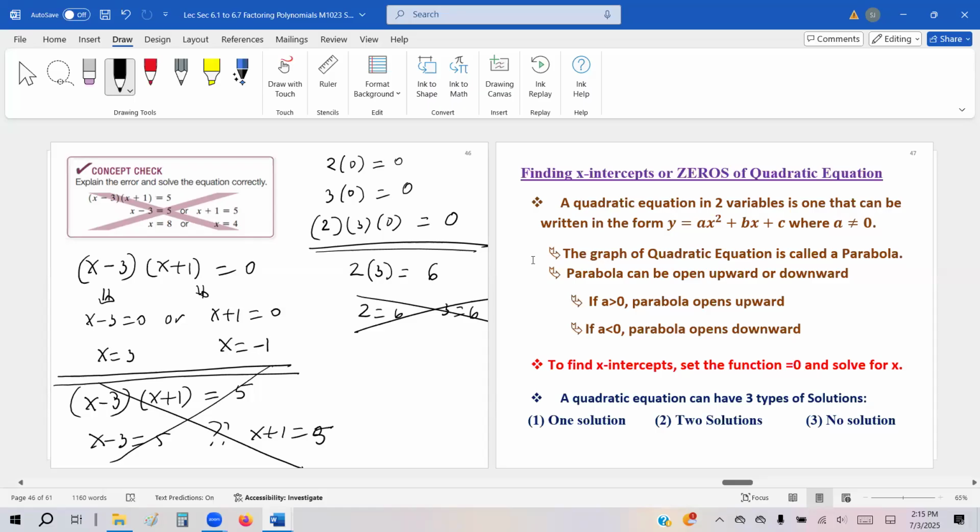So if you're talking about x-intercept, you should know about the graph. We have an upward parabola if you have y equals positive x squared, and if you have negative x squared, like many other things, we don't care. The highest degree is negative x squared. Then you have an upside down parabola.